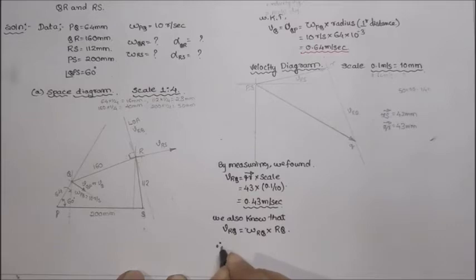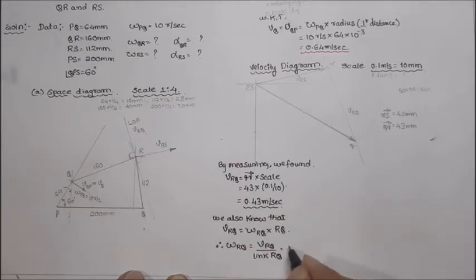Therefore omega rq equal to velocity of rq divided by link rq.